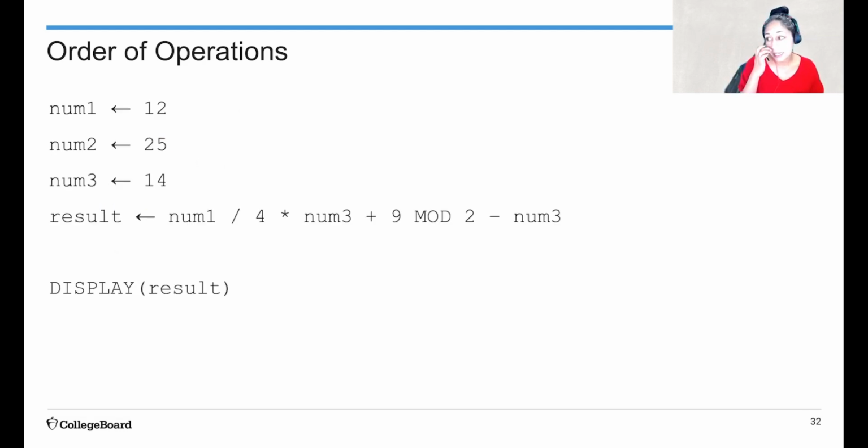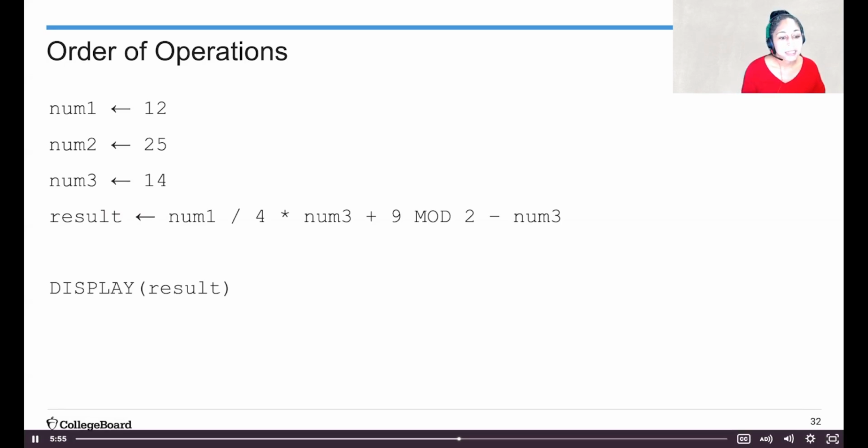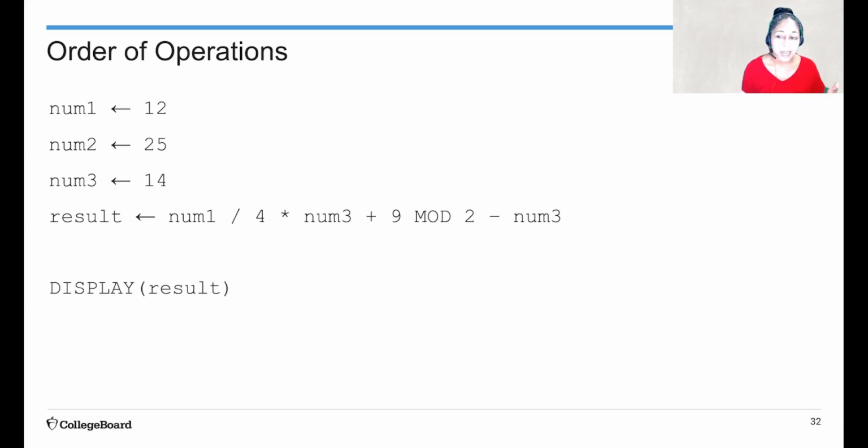Now, when I look at this in program code, let's say I'm working with some variables here and I have mod. Now, mod is handled at the same level as multiplication and division in the order of operations. So if I have the value 12 inside of num1, the value 25 inside of num2, and the value 14 inside of num3, and then I'm going to store this expression, num1 divided by 4 times num3 plus 9 mod 2 minus num3.